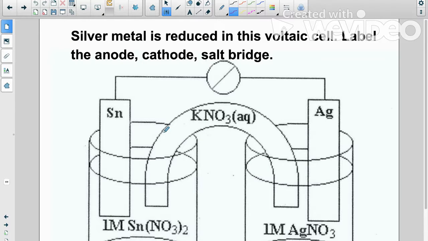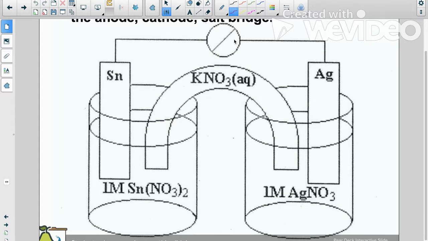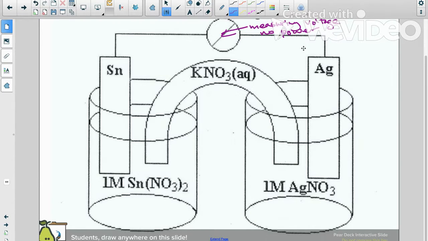So we have a voltaic cell here, and silver metal is reduced. Notice this is just measuring voltage. There's no power source here. This is a cell that is just driven by the spontaneity, the thermodynamic favorability of this reaction.